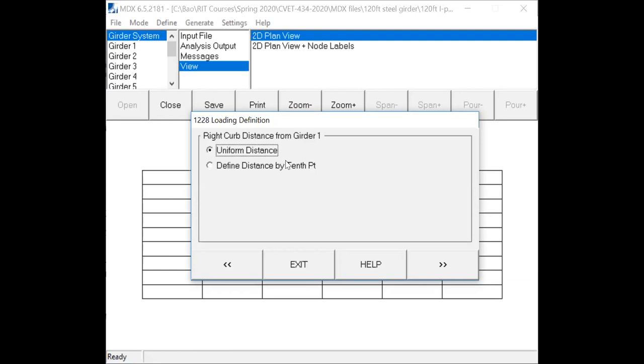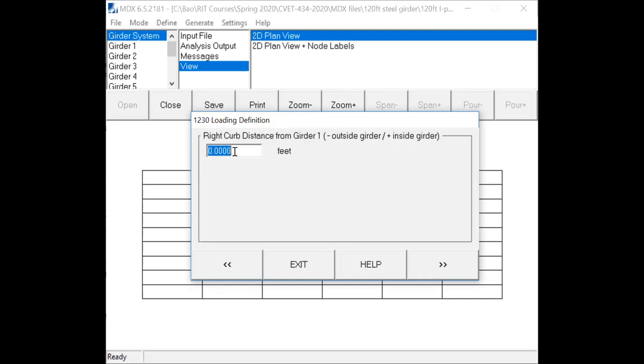So we have the overhang, which is 3 minus 1.5, so we get 1.5 feet. So this is uniform distance, because all those girder lines are parallel and have the same distance. But it said outside girder is negative and inside girder is positive.